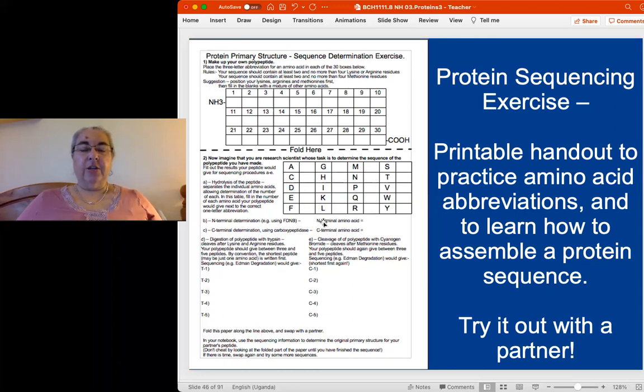Here I've asked you what the N-terminal and C-terminal amino acids are, so the amino acids that you've put at the 2 ends. So that's the information that you get using FDNB or carboxypeptidase. And then imagine that you're digesting your sequence with trypsin and then cyanogen bromide.